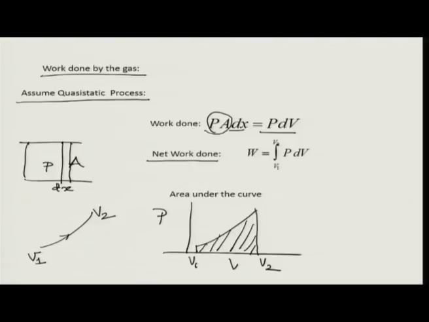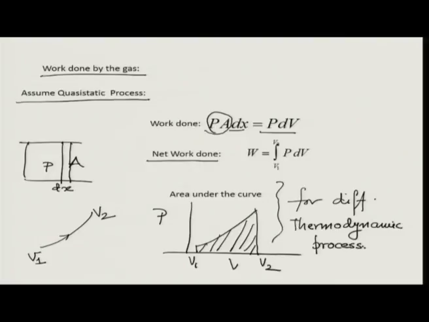So, we have to calculate this area under the curve for different thermodynamic processes. This is our next aim, and this will take some time, and we will try to understand the physical meaning of every process.